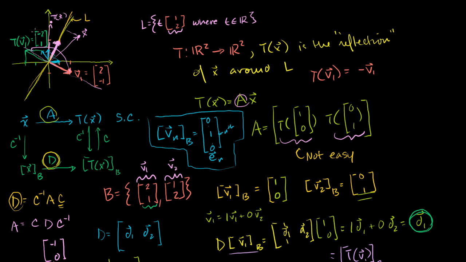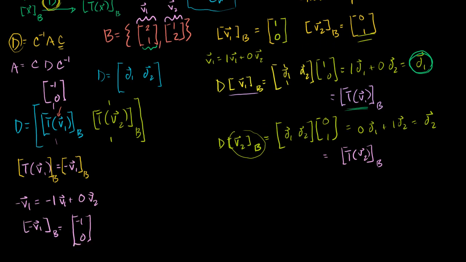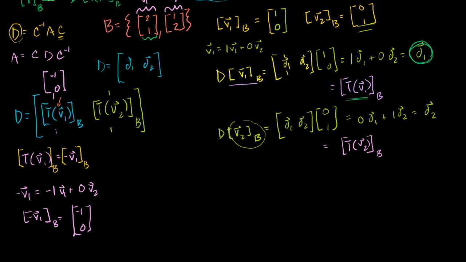So the transformation of this guy, of 1, 2, is just going to be 1, 2. The transformation of v2 is just going to be equal to v2. Let me write that down. The transformation of v2 is just going to be equal to v2. As you can see, we picked these basis vectors because transforming them was very natural. It was very easy.